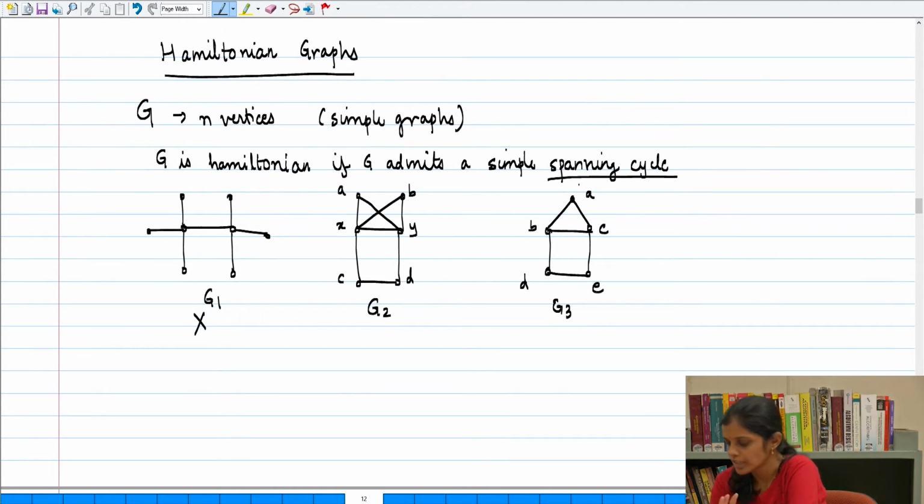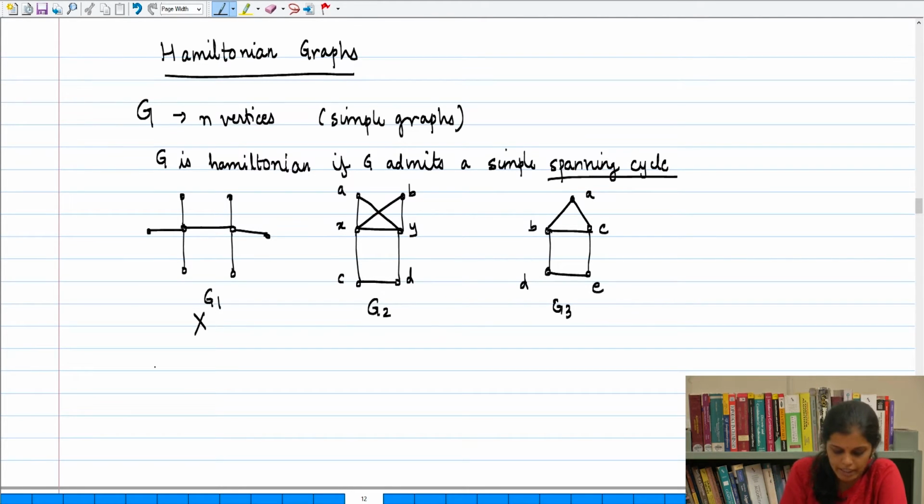Good. So now we see that there are graphs which do not admit a Hamiltonian cycle, but we do not know an easy way to convince ourselves, right? So what we are going to do is look at two types of conditions.